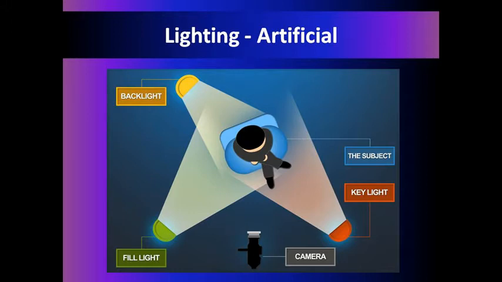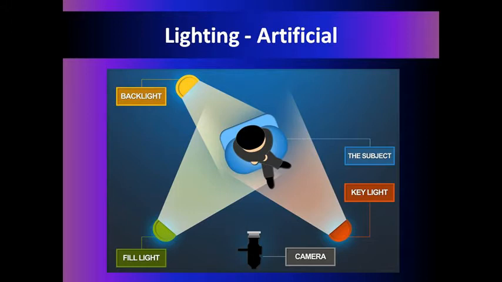Around 50% of the light comes from the key light, and around 30% comes from the fill light, which is mostly diffused light. Then we have a backlight in the background which avoids the shadows and gives an extra edge to the subject in the picture.